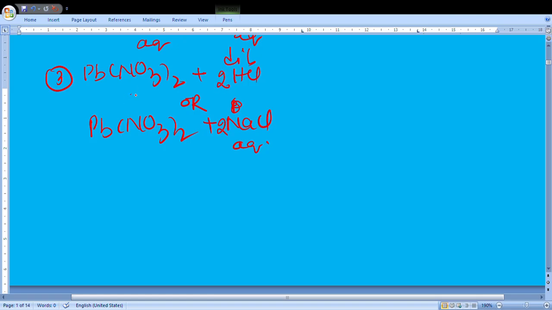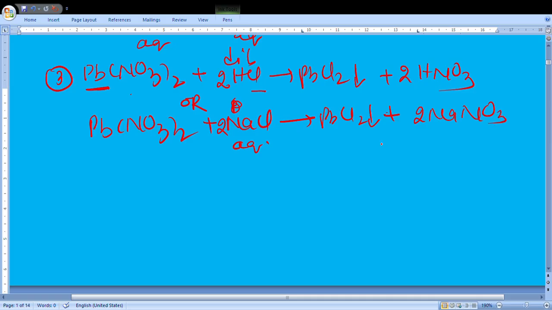Mutual exchange of ions will take place to form PbCl2 as a white PPT plus 2HNO3. And here same compound will be formed, PbCl2, but the byproduct will be 2NaNO3. And we know that PbCl2 is white PPT. So this is a kind of precipitation reaction where one of the products is insoluble in water, while reactants are soluble in water, isn't it?